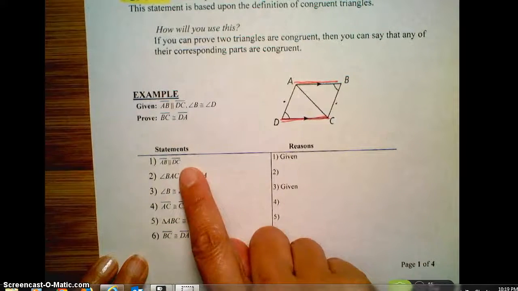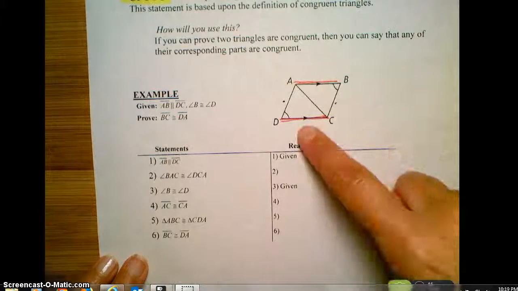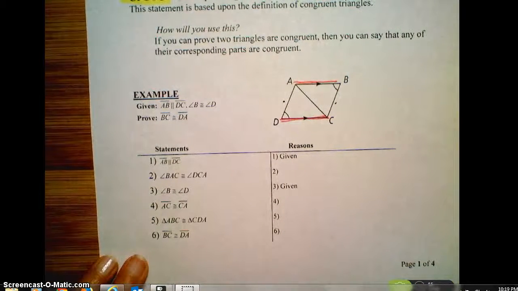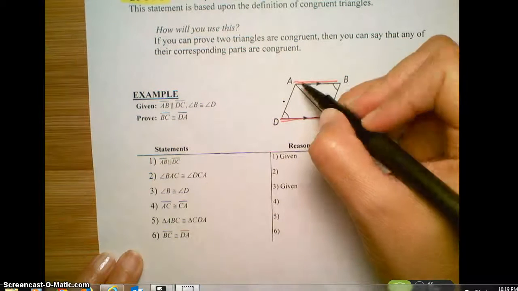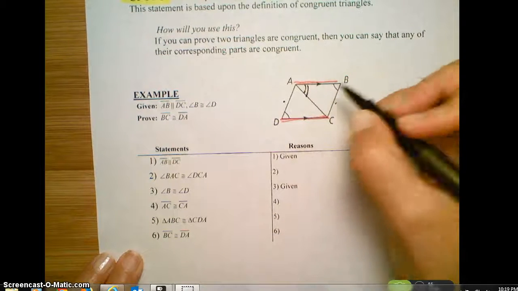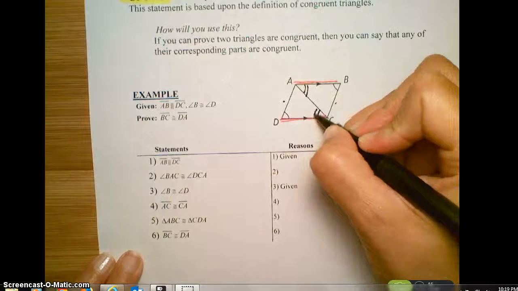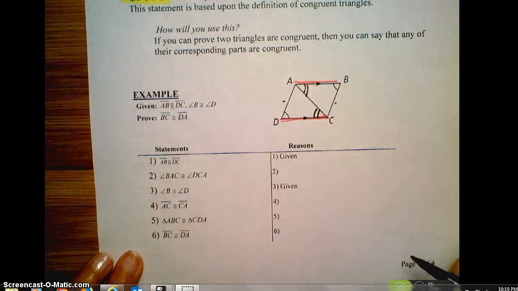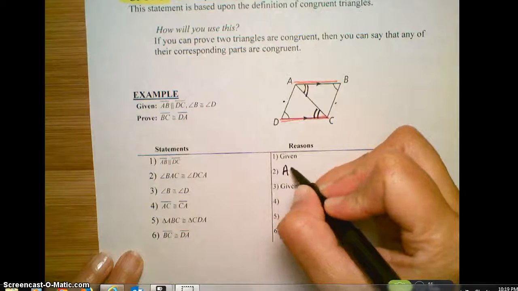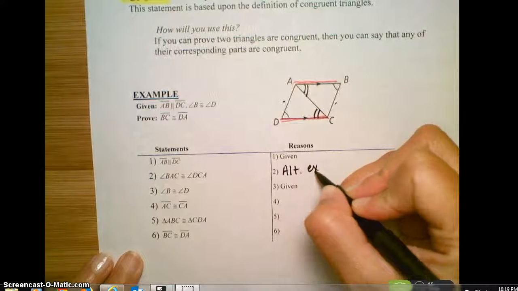So we take the first given, that the lines are parallel. Anytime the lines are parallel, you're looking for special angles. So the step says angle BAC is congruent to angle DCA. Do you remember the reason for that? Exactly.